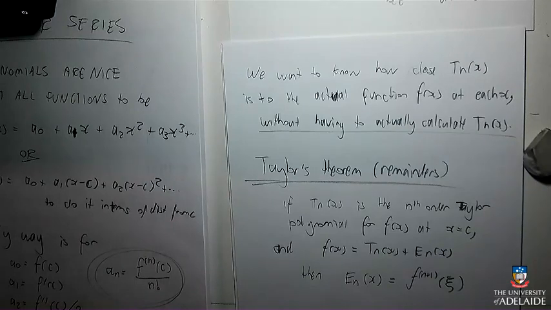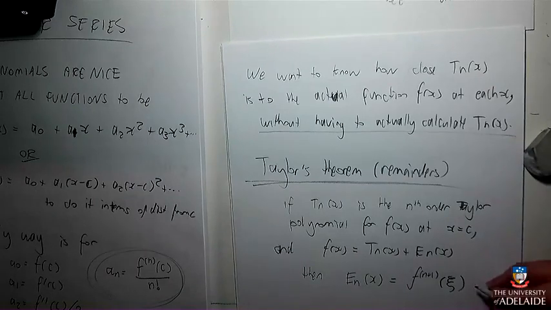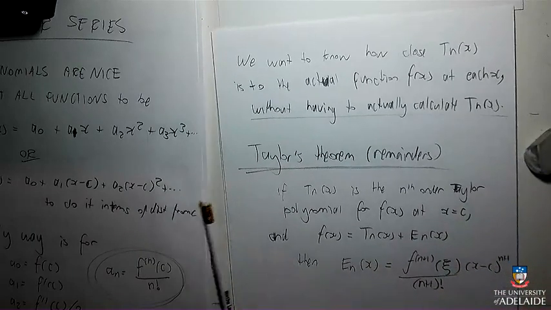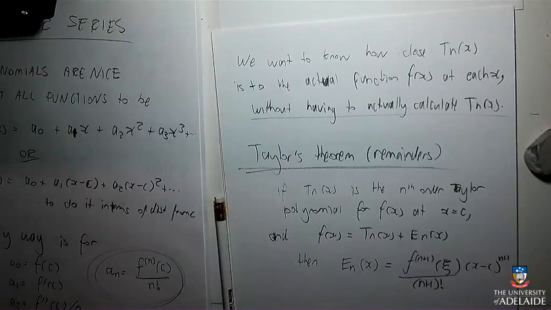So it's xi. That's what I call it anyway. I'm sure in modern Greek it's called something else entirely. Okay, xi. So f^(n+1)(xi) times (x minus c) to the n plus 1 over n plus 1 factorial. So that is Taylor's theorem.